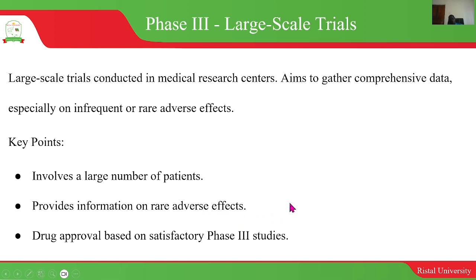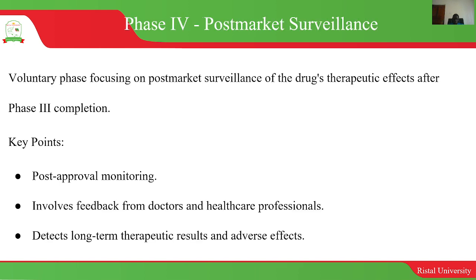So this will be found through the study process of this large number of our patients. And then drug approval is based on satisfactory phase 3 studies. After passing this stage, and the results are satisfactory, that means this drug can already be approved by the Food and Drug Administration Authority.